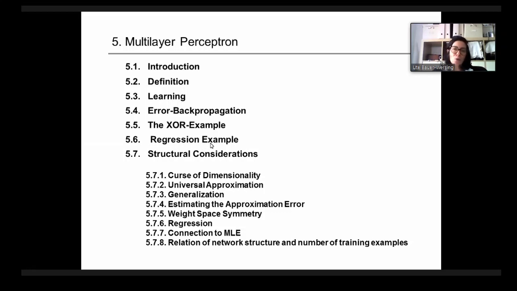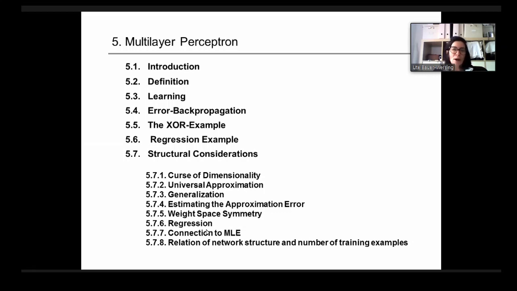considers a regression problem. The next part of this chapter is called structural considerations. In this section, which contains several subsections, we are looking into structural problems and things to know when we are doing machine learning.